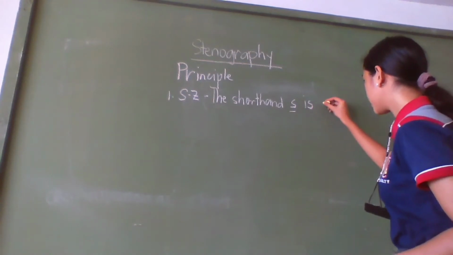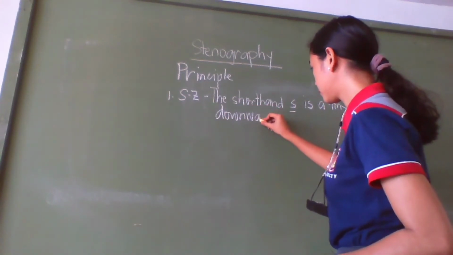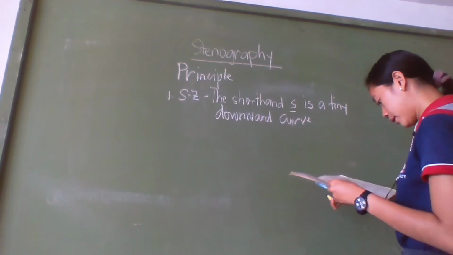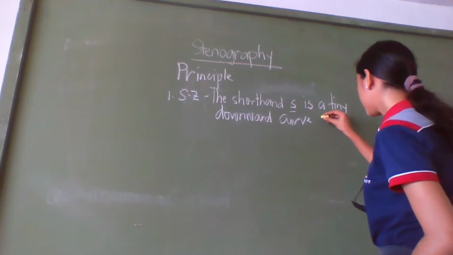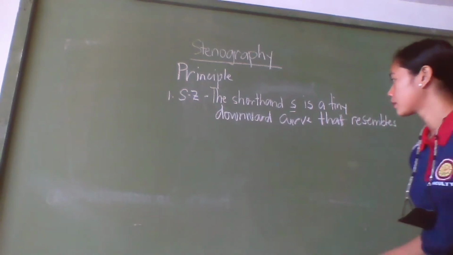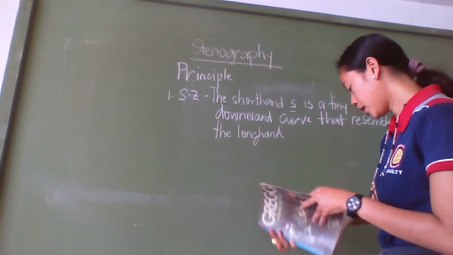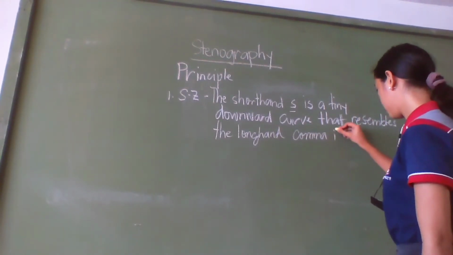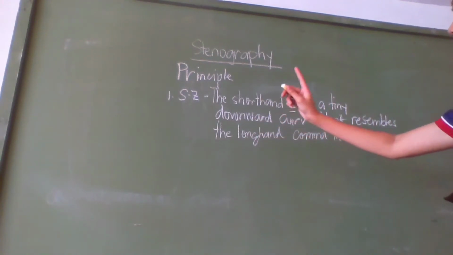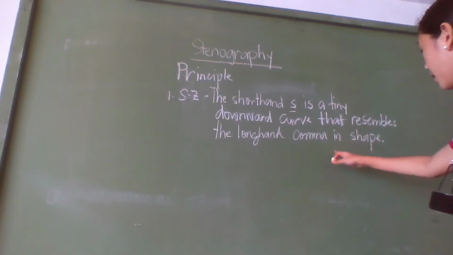So, the principle of S and Z is the shorthand S is a tiny downward curve that resembles the longhand comma in shape.